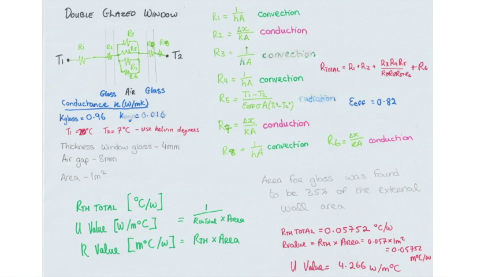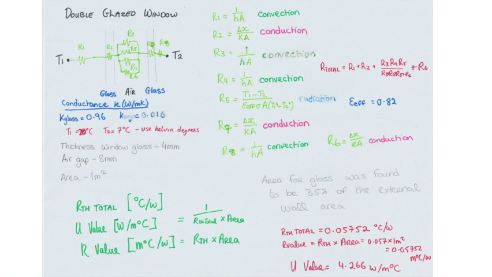So when we summed all these resistances together, in the same way as the last slide I showed with the ground floor slab, although this is just a bit different with the resistors in parallel, we find that the R value is 0.05 degrees Celsius per watt, and there is a high U value of 4.266 watts per meter degree Celsius.